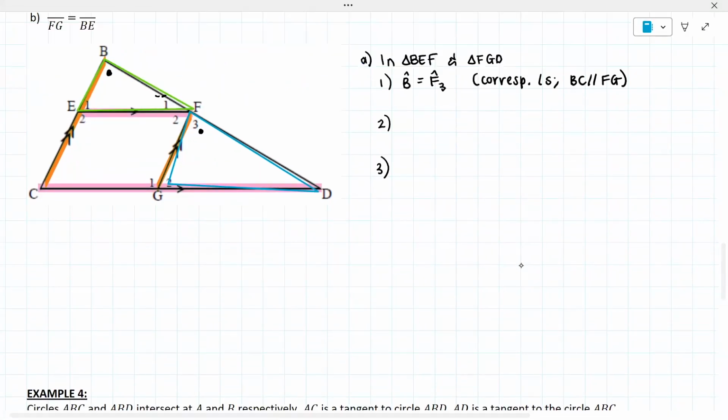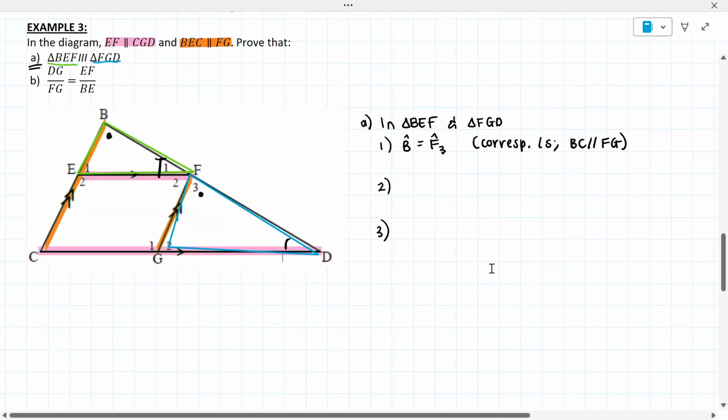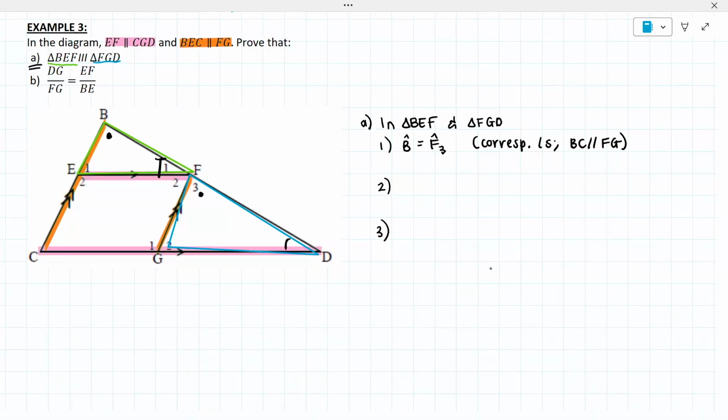F1, which is this angle over here, corresponds to angle D. So again, we've got corresponding angles because of the other parallel lines we have, EF and CGD. So F1 is equal to angle D. You can say BDC or CDB if you want, but there's only one angle D. Again, this is because of corresponding angles.